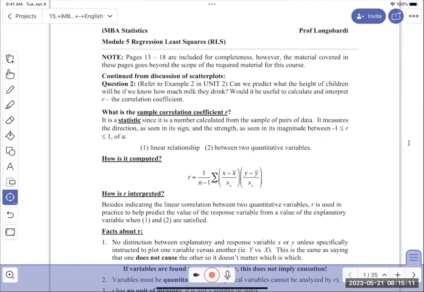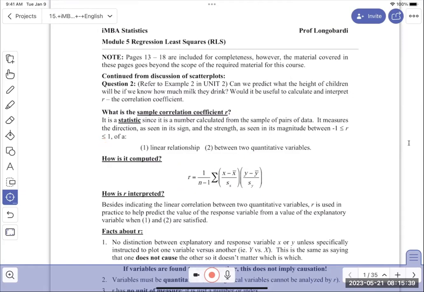The direction is seen by the sign, and the strength is seen as how close that number, which we call R, or the correlation coefficient, is to the extremes of -1 or 1. If it's close to -1, then it's close to being perfectly negatively correlated. And if it's close to 1, then it's close to being perfectly positively correlated.